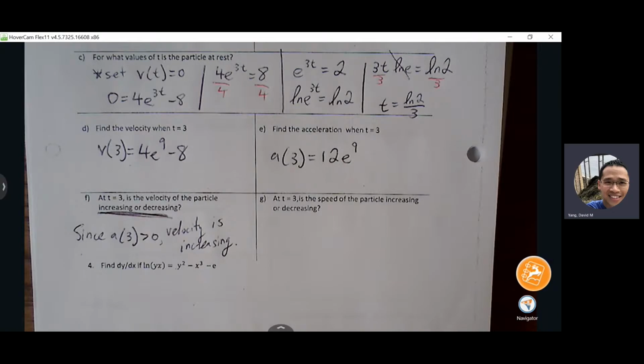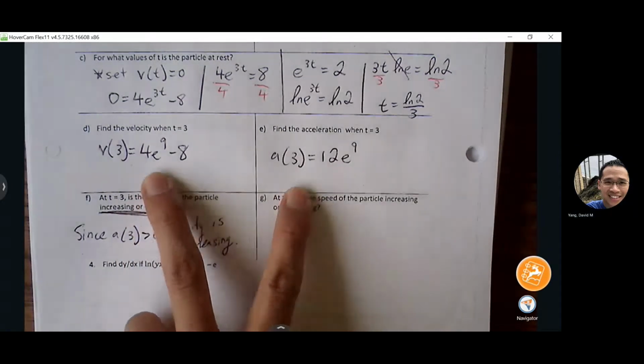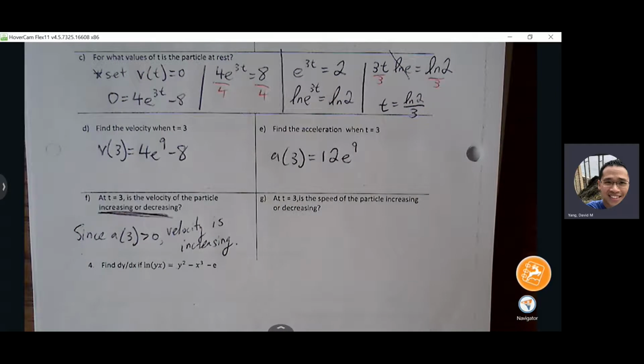Now for G, to test whether the speed of the particle is increasing or decreasing, here we compare signs, right? Increasing would be where the signs are the same, either both positive or both negative. But if one is positive and the other is negative, it doesn't matter which is which, if there are opposite signs, then speed is going to be decreasing.